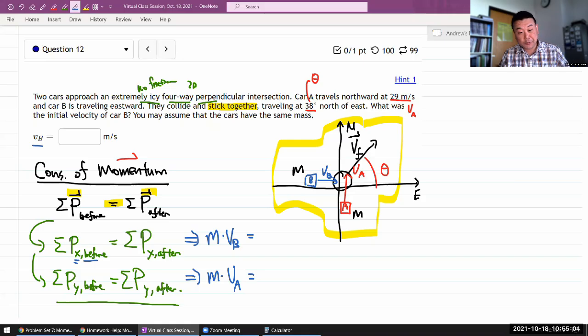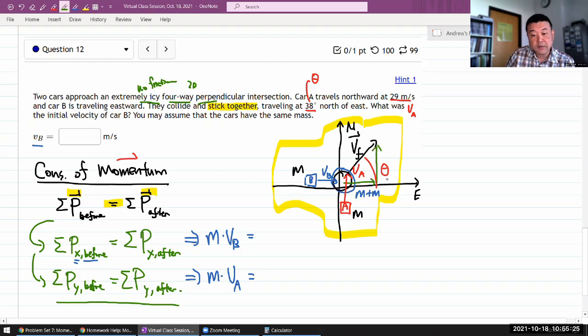Now, after the collision, you have this one total mass, mass of A plus mass of B, moving in some diagonal direction. So here is where I'll have to think about breaking up the momentum into x and y components. So I have this right-angle triangle with a hypotenuse.